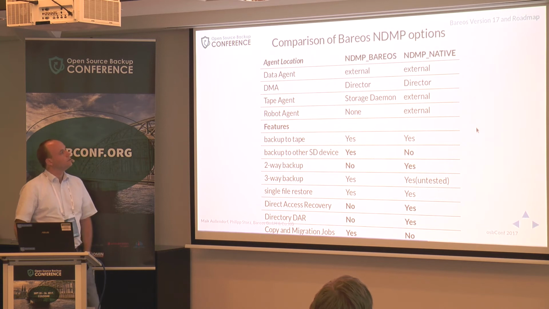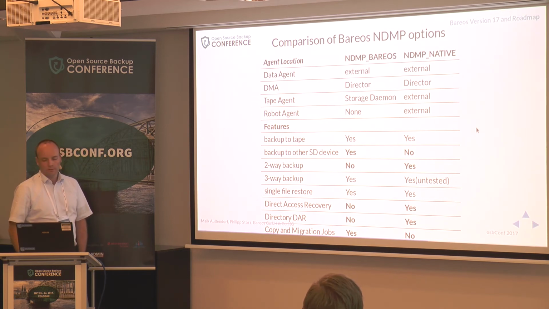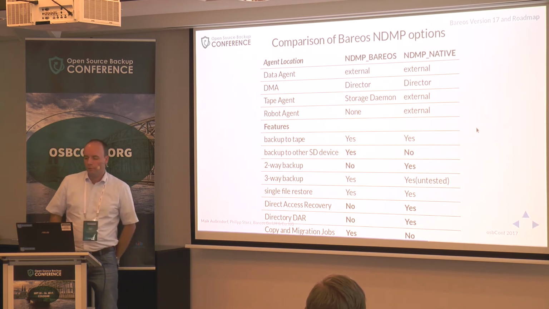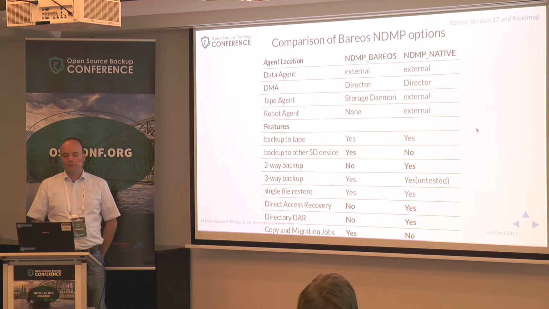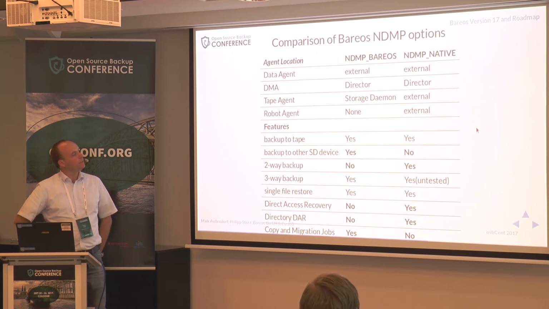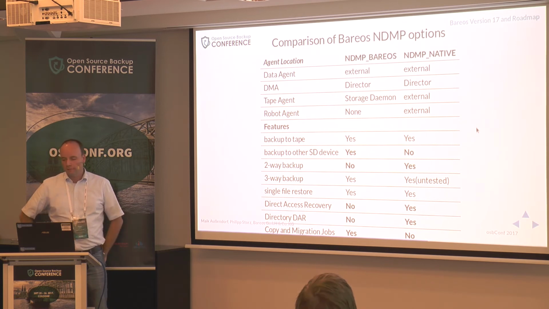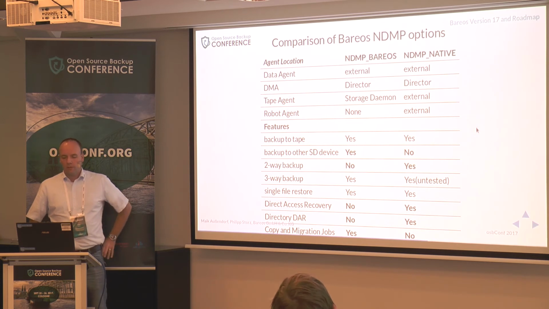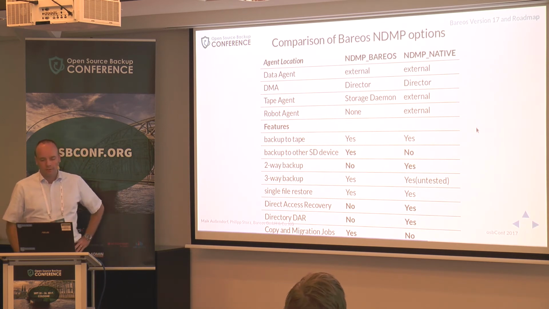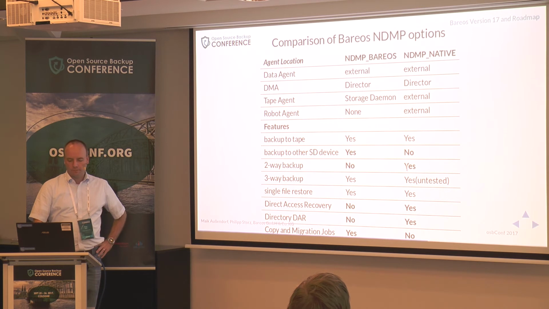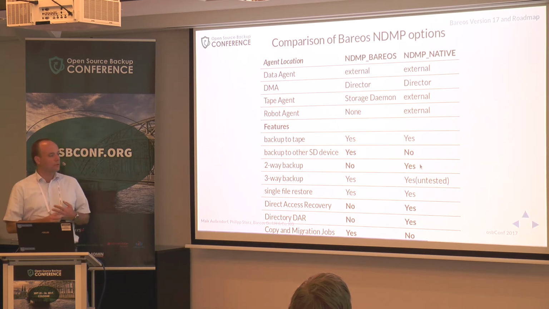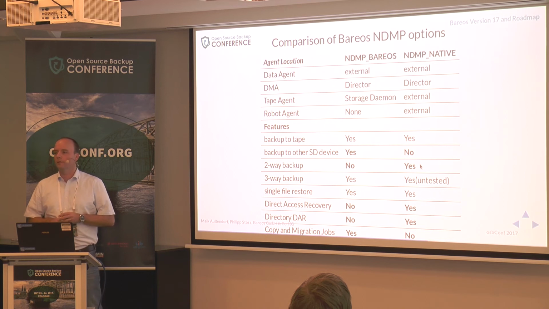As a finish of this NDMP presentation, there is a small table where you can see the different properties of the NDMP BAREOS special implementation we had before compared to the native implementation we have now. I think the most important thing is that we now have two-way backup, so we are able to quickly back up NDMP storages that are usually very big.